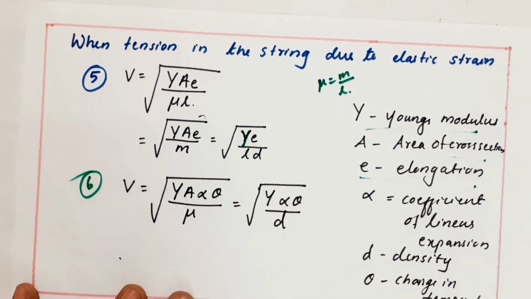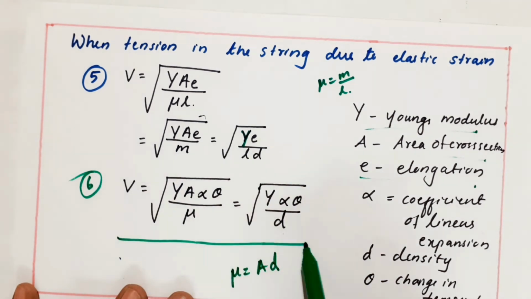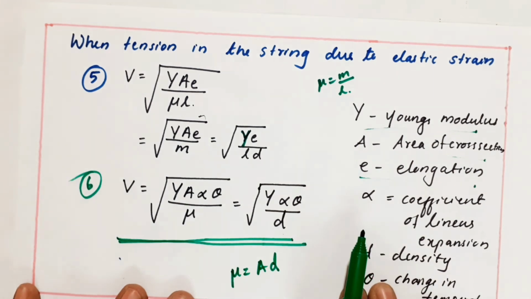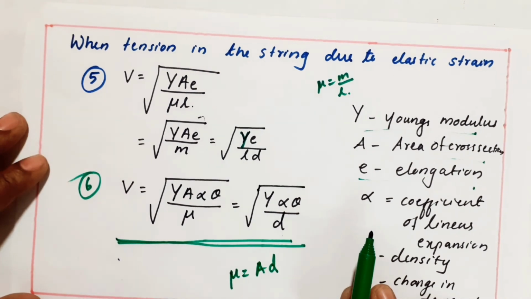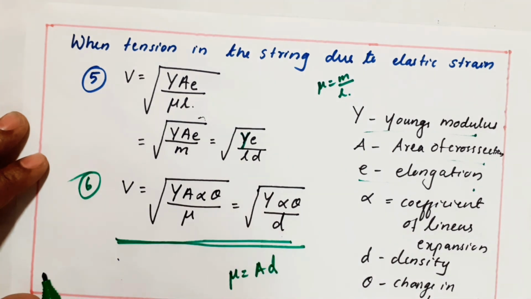Because already I showed you in the previous step, mu we can write in terms of AD also, and the A's get cancelled. So we get another relation. So in the question, if there are Young's modulus and elongation, you may use this equation. But if Young's modulus and coefficient of linear expansion are there, use the sixth equation only.